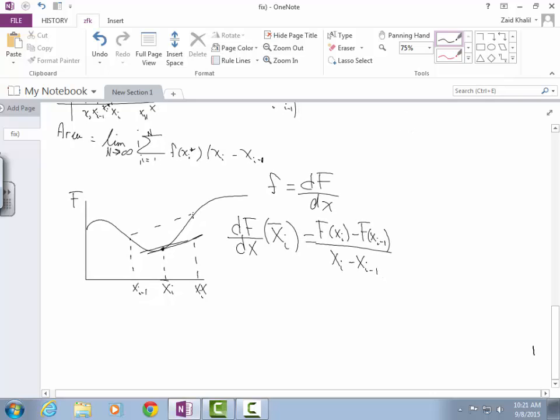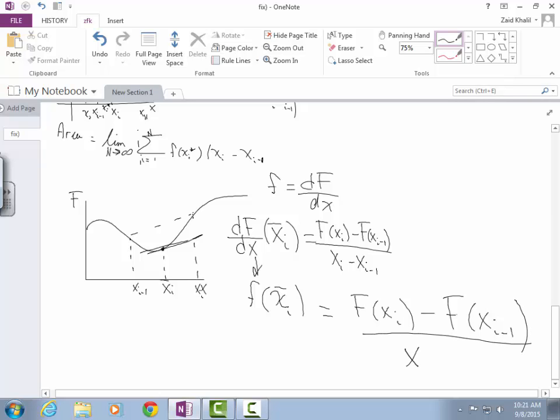But what's df/dx? That's little f. So this is little f at x bar i. And this is equal to... right? So now what do we have? Let's rearrange this.